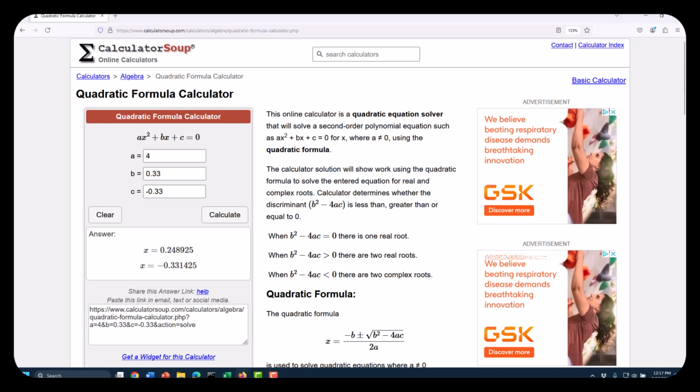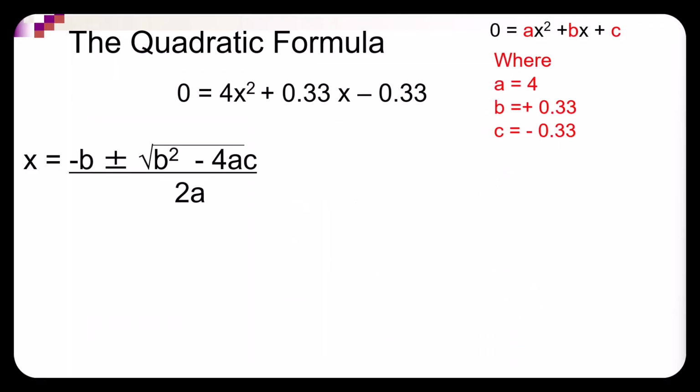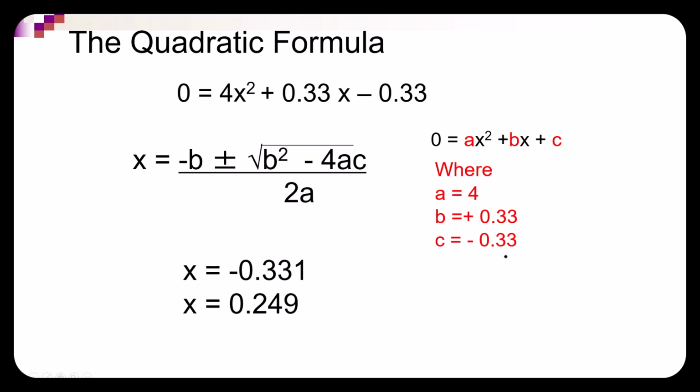Get my PowerPoint pulled back up here. All right, so the two values that it gave us, it solved for x for us, right? And the two values that it gave us were the following. So it gave us that x equals 0.249 and x equals 0.331. Okay.